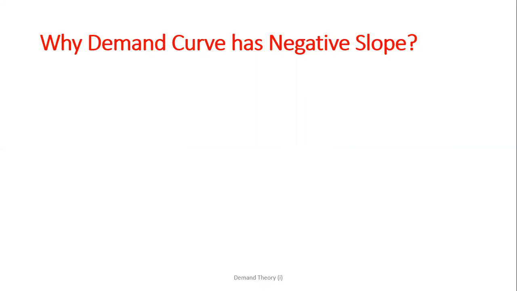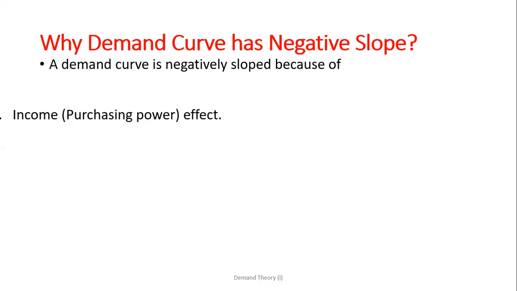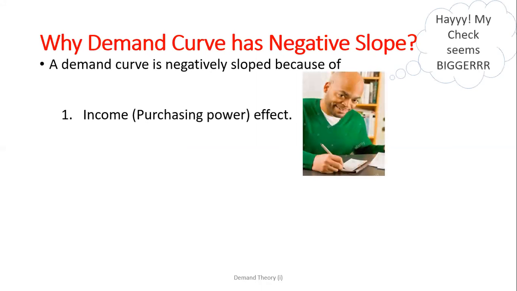Students, the important reasons for the demand curve to be negative slope are number one, income or purchasing power effect. When the price of something increases, it decreases consumers' purchasing power, and purchasing power is given the name of real income.